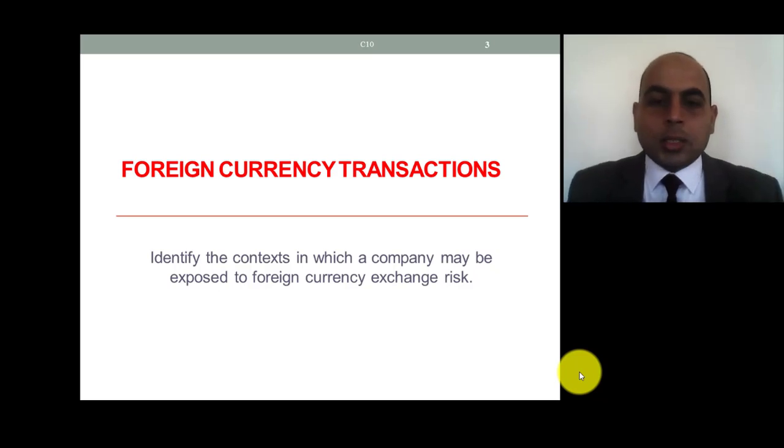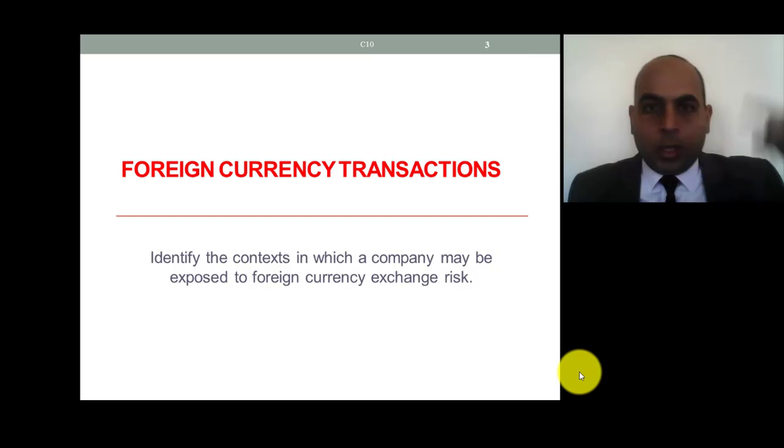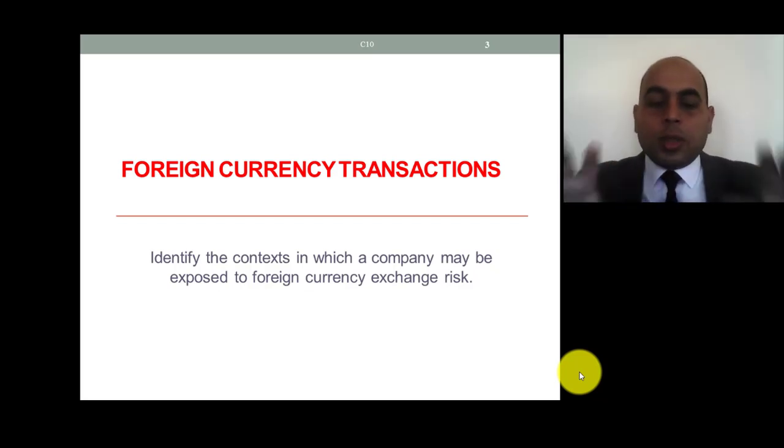The question is, as we entered into a foreign currency transaction, may we be exposed to exchange rate risk because of the fluctuation of the exchange rate? Here the question is, how can we minimize the risk of fluctuation in the exchange rate?